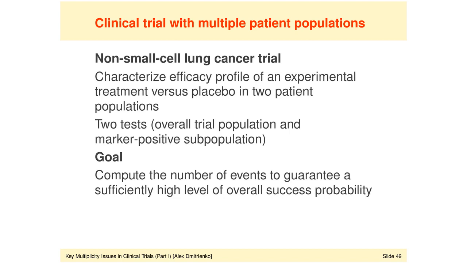It's based on the non-small cell lung cancer trial that we introduced back in Module A. I would like to remind you that the overall goal of this trial was to characterize the efficacy profile of a novel treatment versus placebo in 2 patient populations, specifically in the overall trial population and a predefined subpopulation of patients with a marker-positive result at baseline. And this analysis of the treatment effect in 2 patient populations induces multiplicity in this trial.